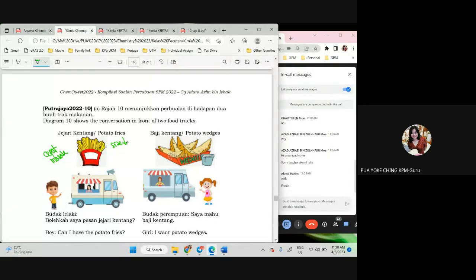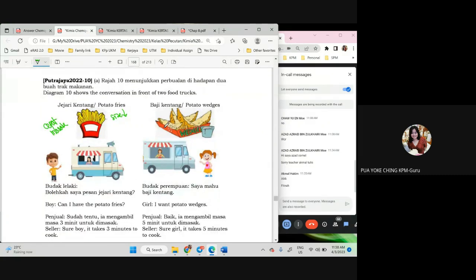Berbanding dengan wedges, wedges dipotong dalam bentuk potongan, yang ni dalam hirisan. Macam siri. So dia punya saiz lebih kecil. Kalau senang, you imagine saya ada potato. Nak jadikan wedges, you potong berapa kali? Sekali, 2 kali, ataupun paling maksimum you cut 4 times. Okay?